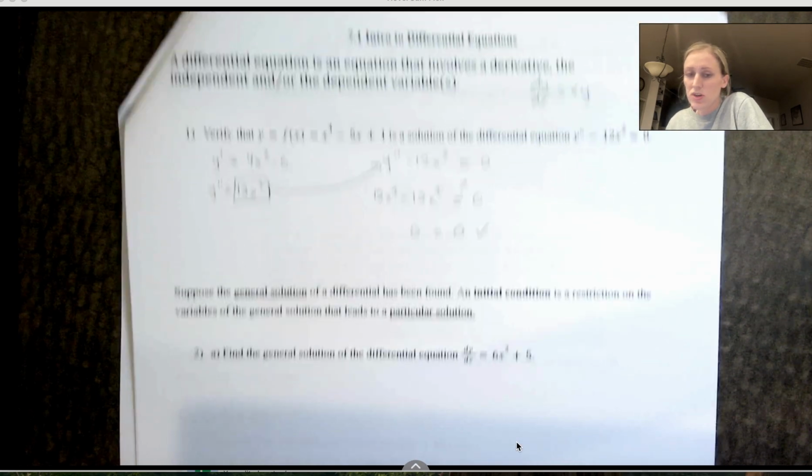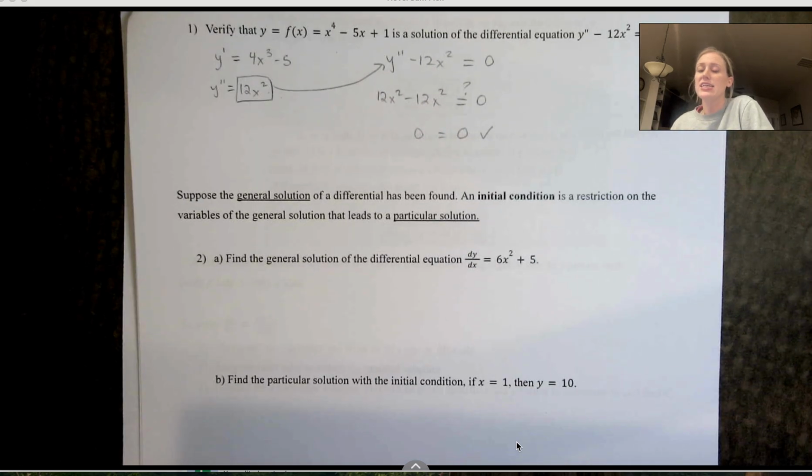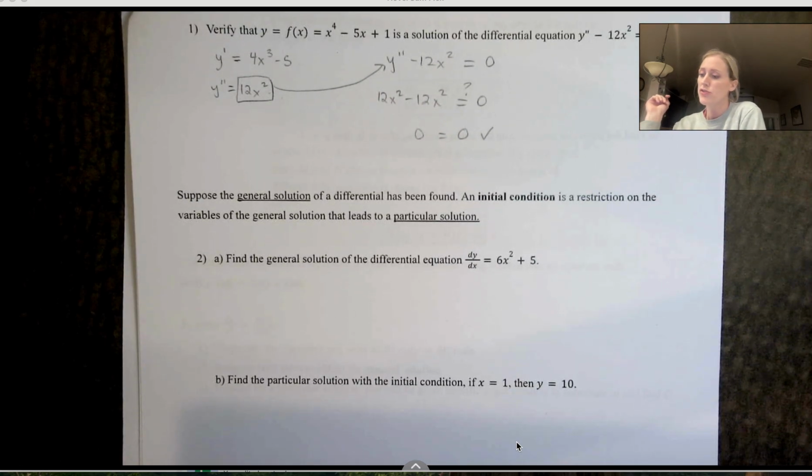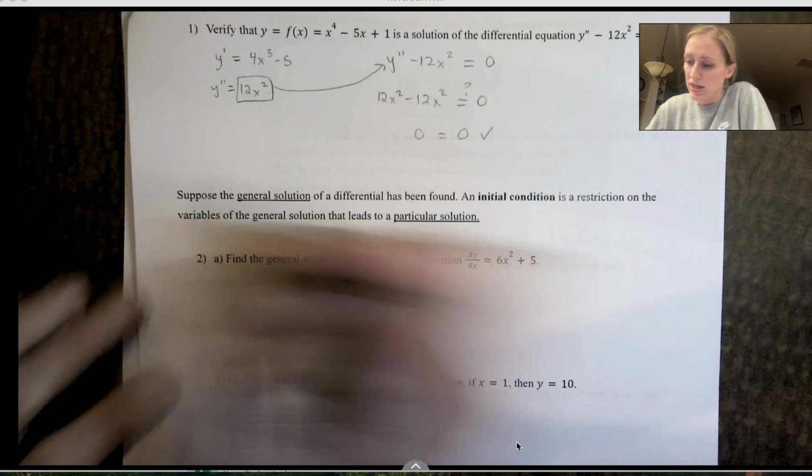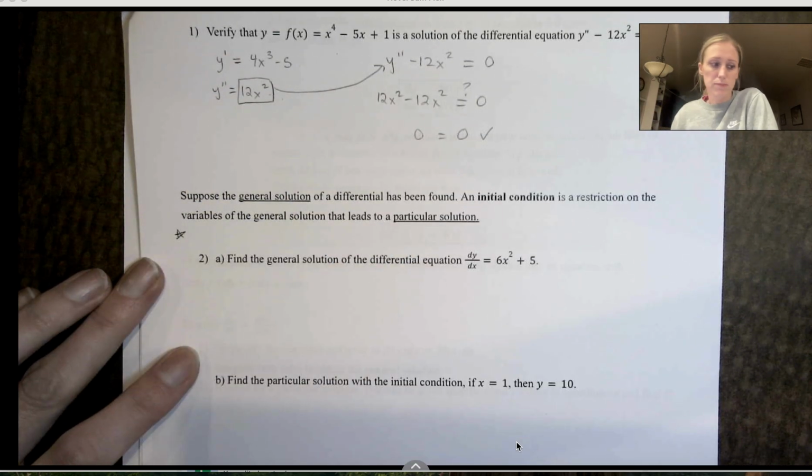Okay, now we are going to look at finding solutions. Okay, so general solutions, I'm actually going to start with this. I'm going to put a little note here, okay?